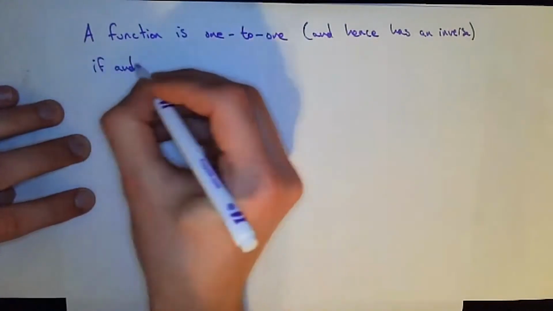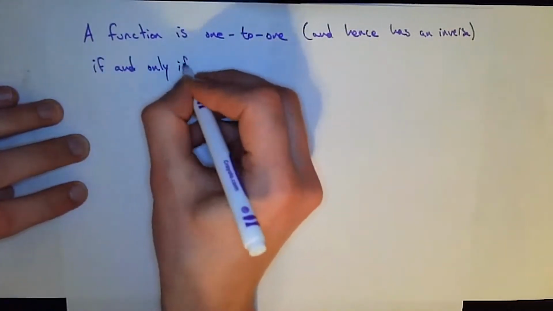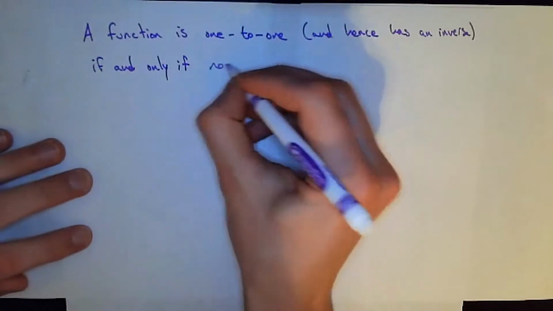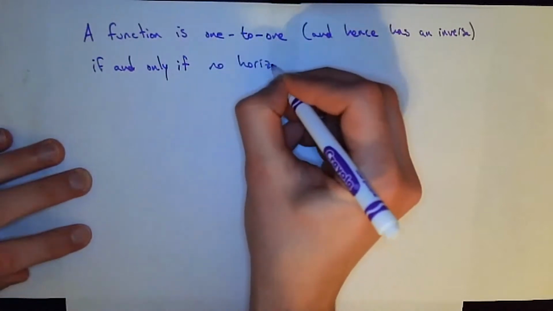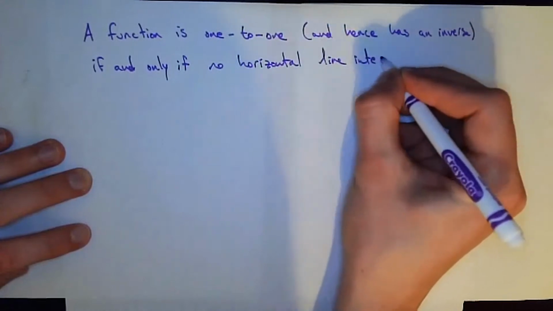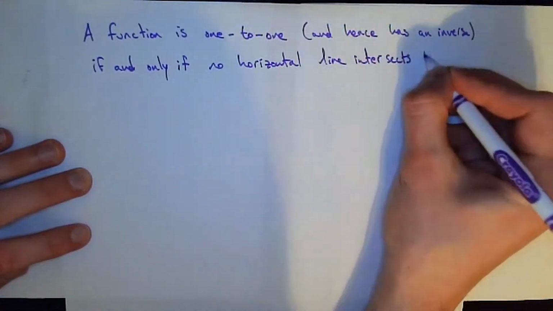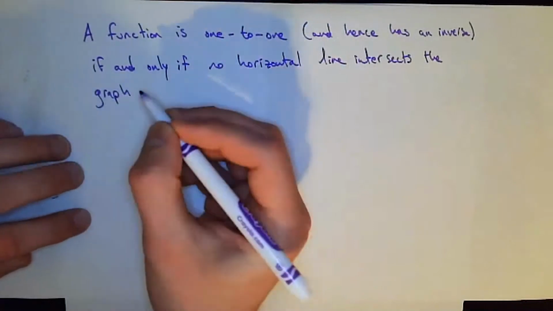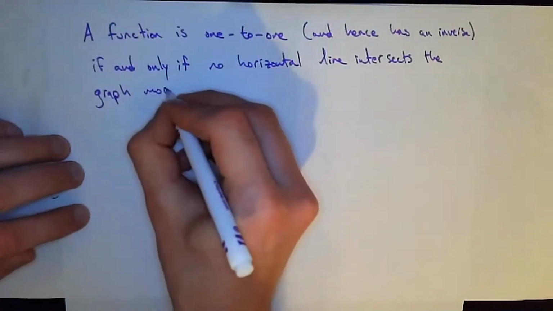If and only if, it's just a fancy way of saying that it's always true. No horizontal line intersects the graph in more than one place. Or we'll just say more than once.